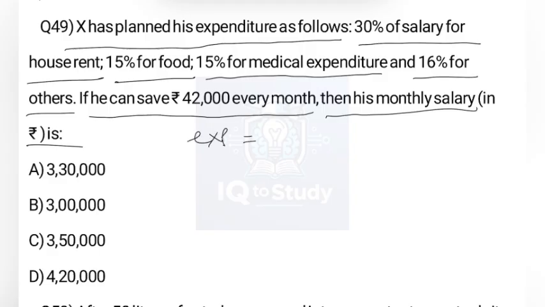Expenditure is equal to 30% plus 15% plus 15% plus 16%, which is equal to 76%.